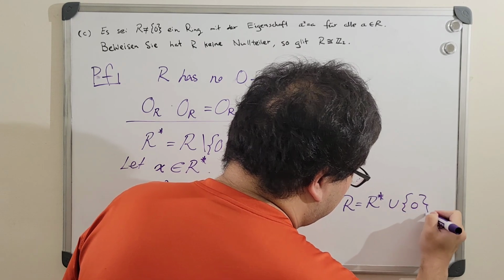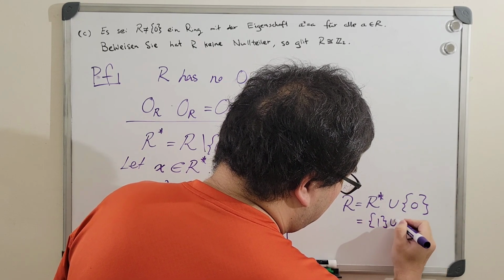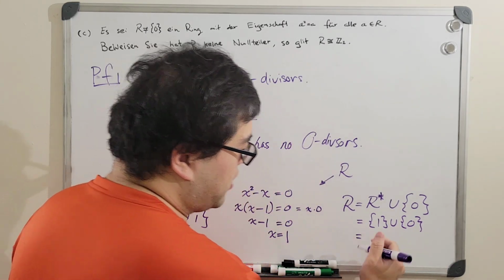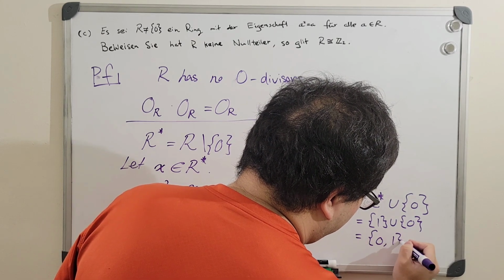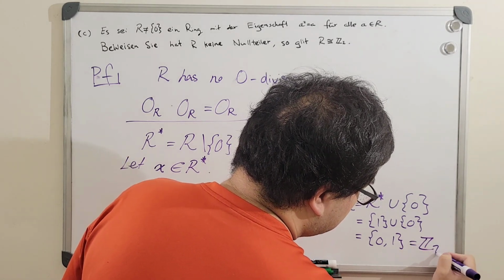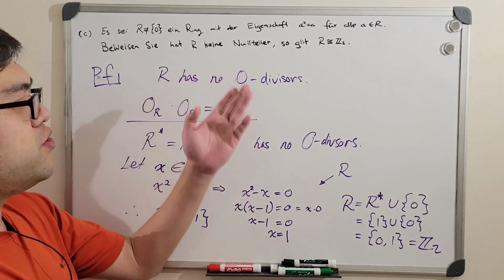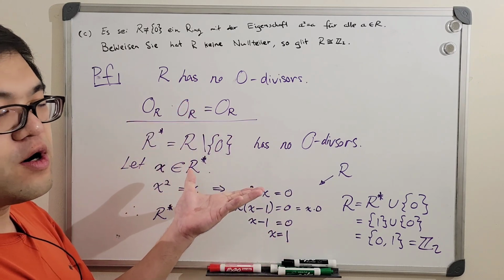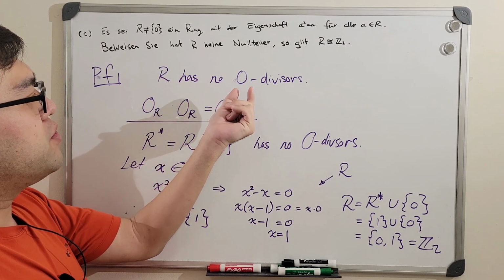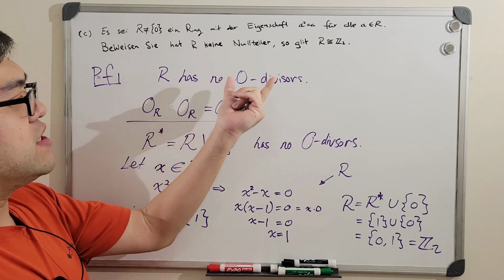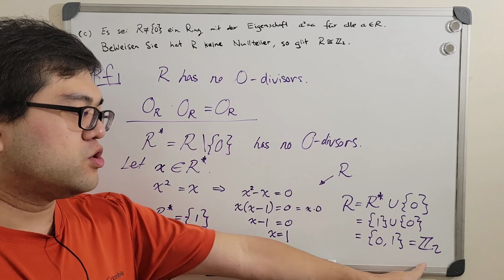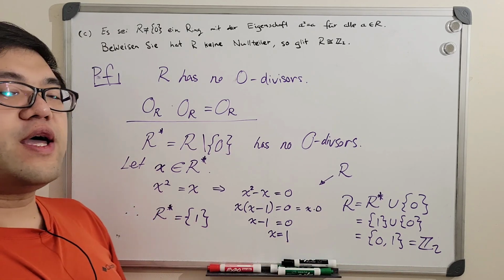So in other words, the ring R is equal to {0, 1}. So it only contains 0 and 1, which again is just equal to Z mod 2. And therefore, we just proved the final part of this problem. As long as we know that this ring has no 0 divisors, we can prove that this ring is isomorphic to Z2. And that is it.